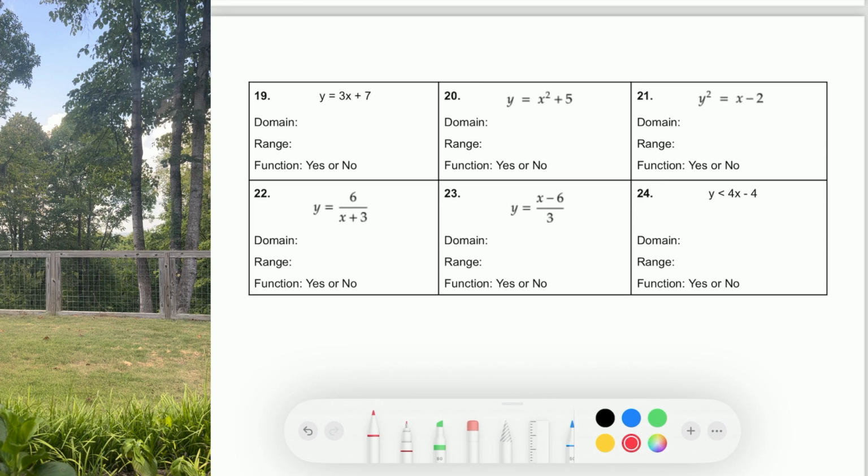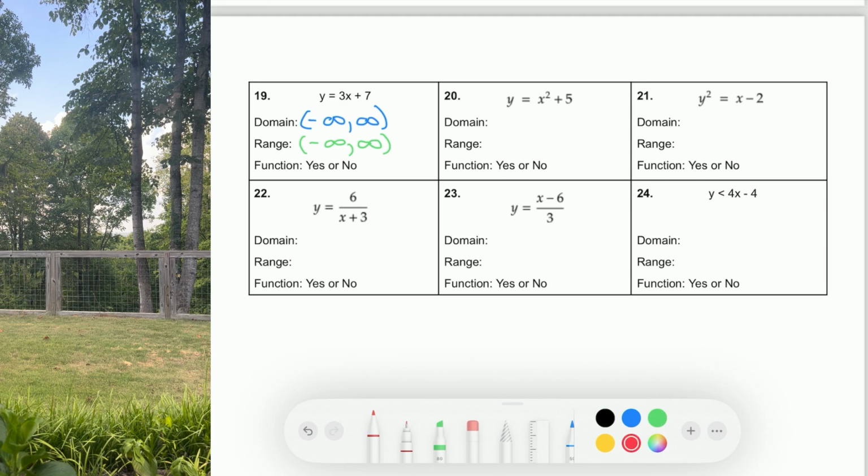Remember I told you that as long as your y has an exponent of 1, nothing higher, and you also have an equal sign, then it should be a function. You'll also have, for your domain, a -infinity to a positive infinity. It doesn't matter what you put in for your x, you will always get a unique y. So there's no limits to what we can put in this equation.